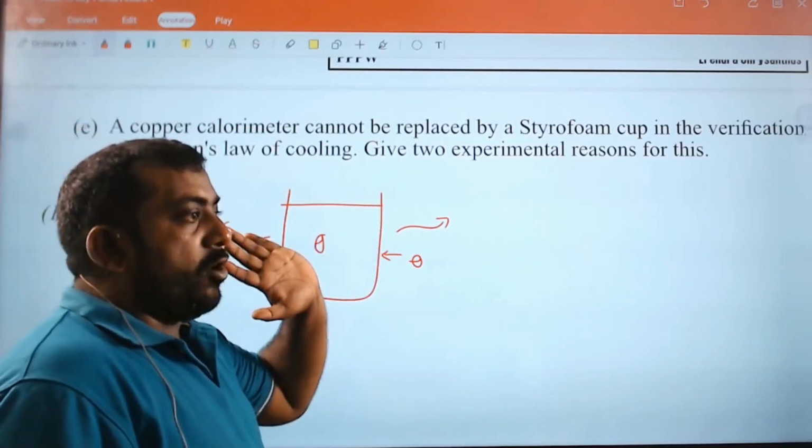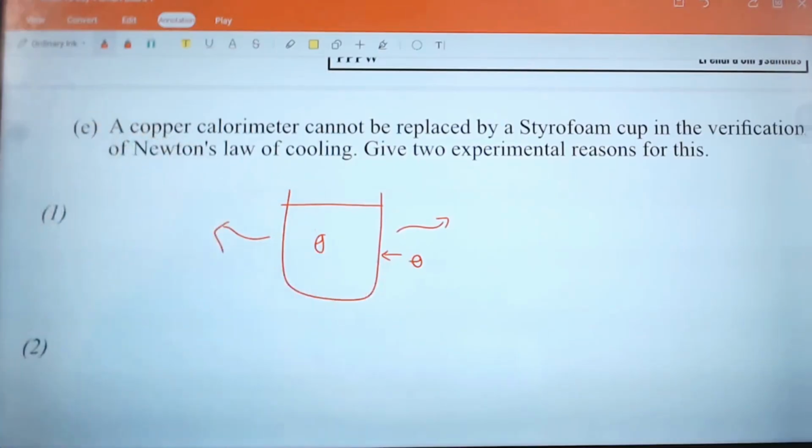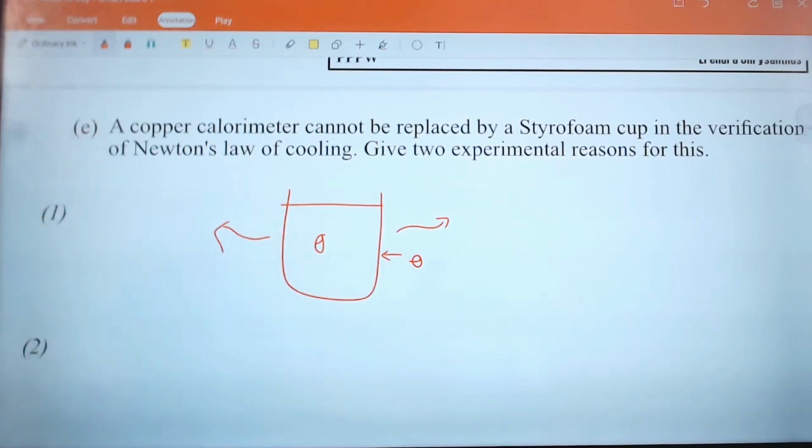But in a styrofoam cup, inside temperature and outside temperature will be different. There will be a temperature gradient.